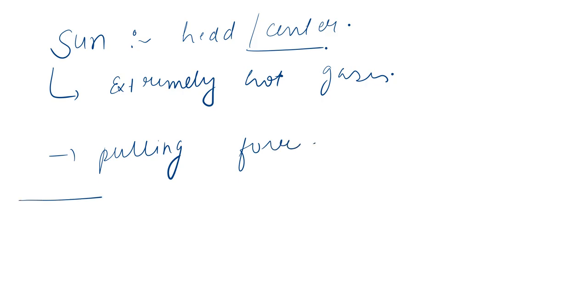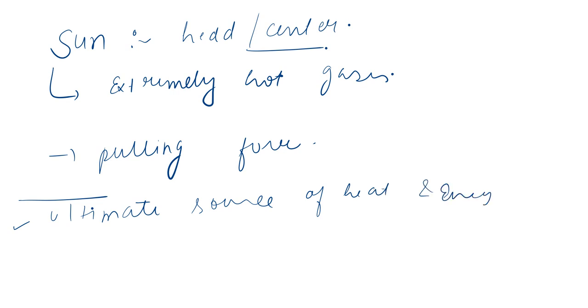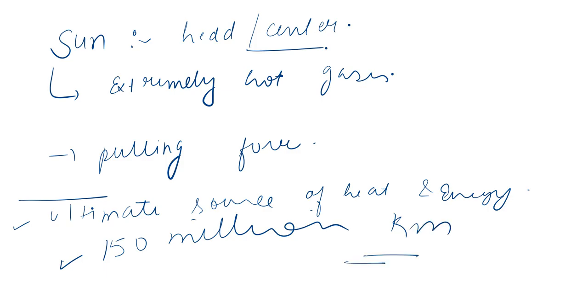It is the ultimate source of heat and energy in the solar system. Its distance is approximately 115 million kilometers from the surface of the Earth. Although it is the nearest, extreme heat is not felt.